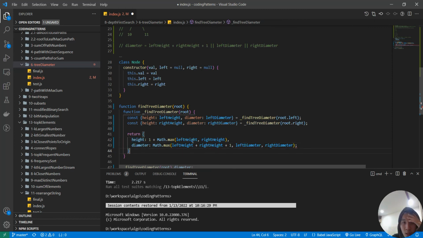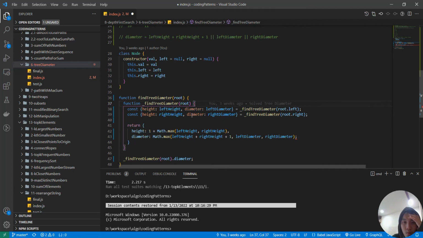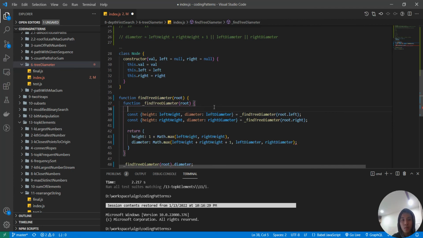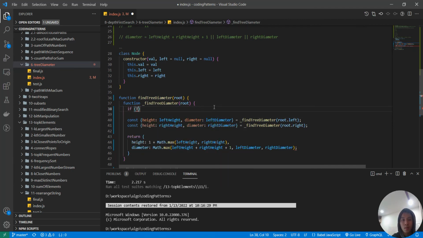And because we call it recursively, we want to stop somewhere. Probably when root is null it returns 0.